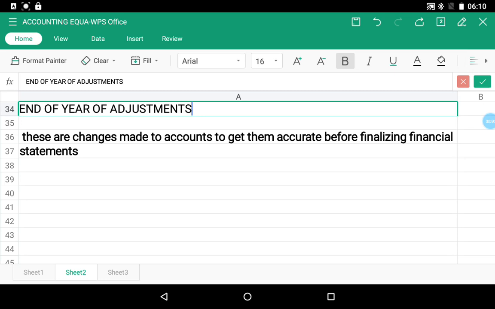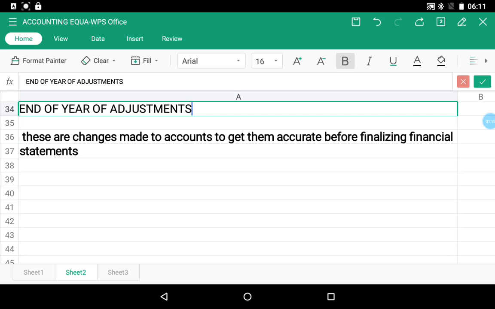Maybe you received income for 2 trading periods, but right now you're preparing financial statements for one trading period or 1 year, so you need to adjust. You need to work on it and make sure that you're remaining with one transaction for that trading period.